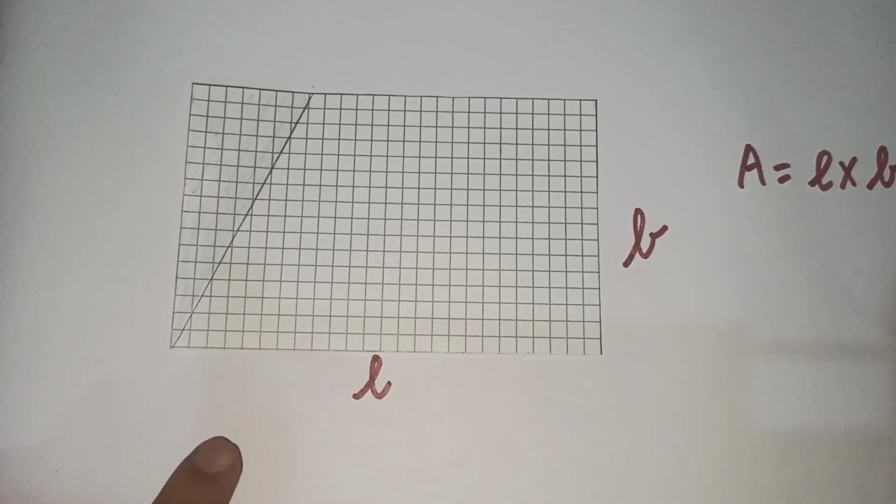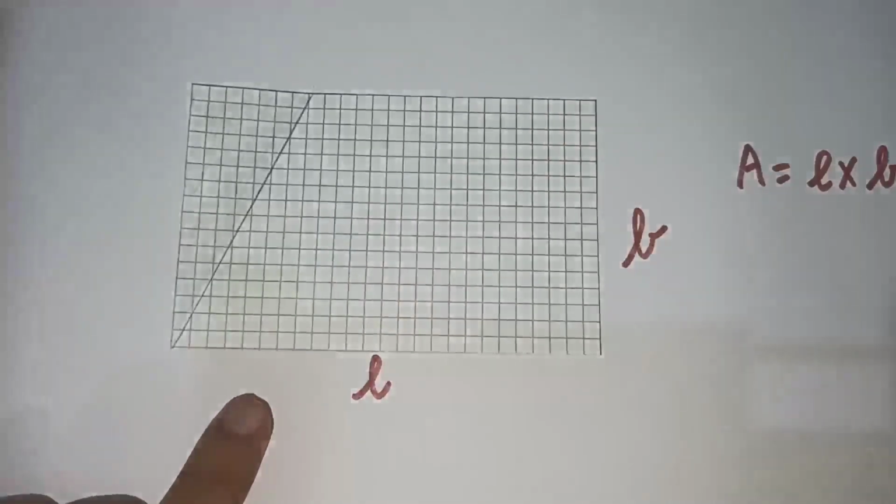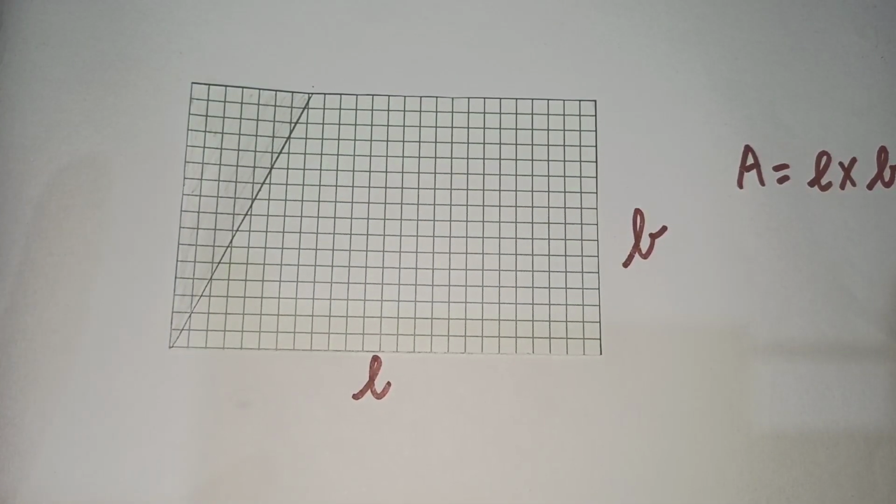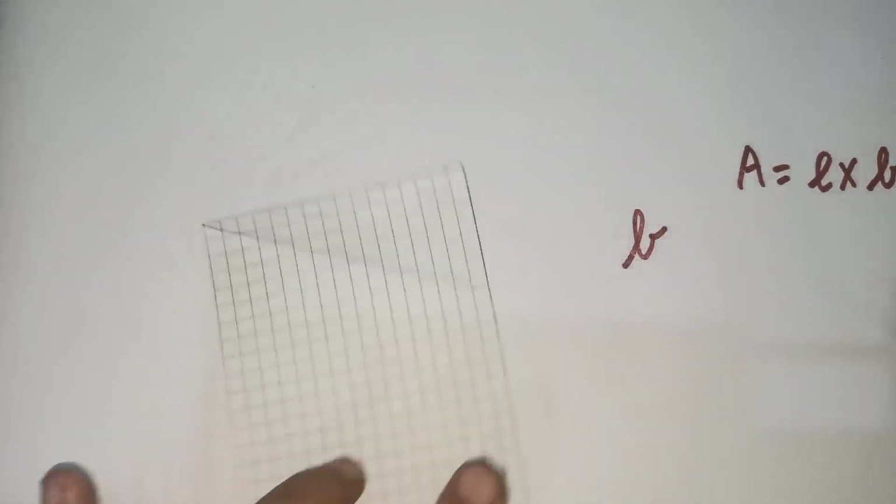So now let's figure out the area of a parallelogram from this. Now see, I have shaded a triangle in the rectangle. What we have to do is cut out this triangle like this.